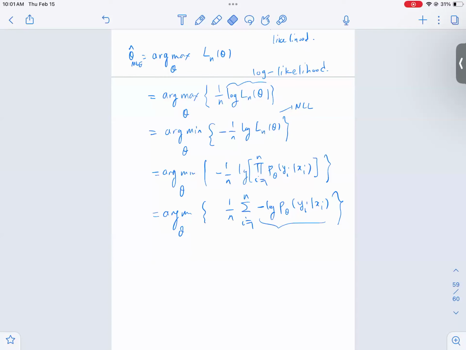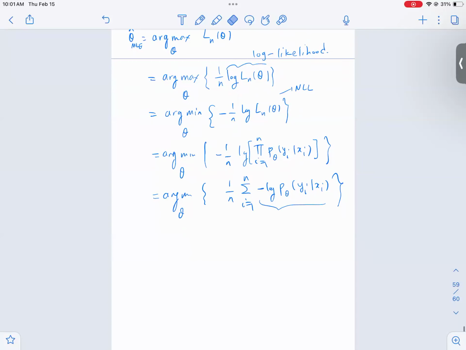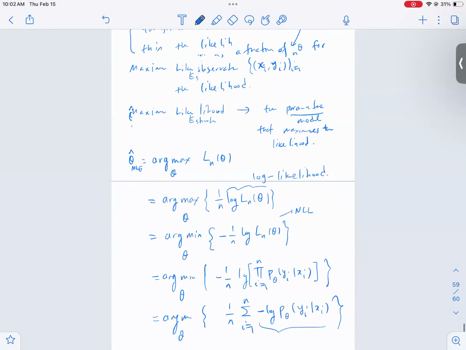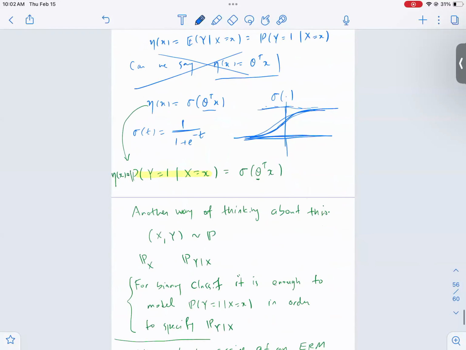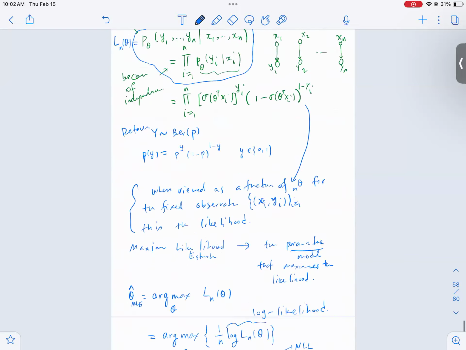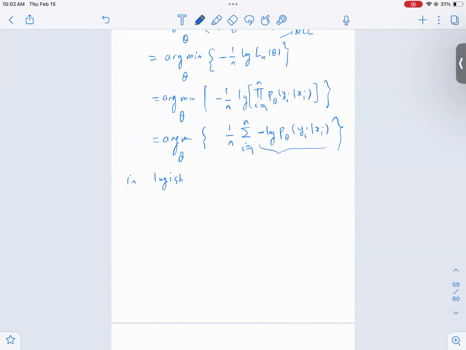So, let's see what happens. Any questions? It becomes a little bit clearer if I plug in what that is. So in classification, for example, in logistic regression, which is the one we're looking at, maybe I forgot to mention, we assume this particular form, called logistic regression.